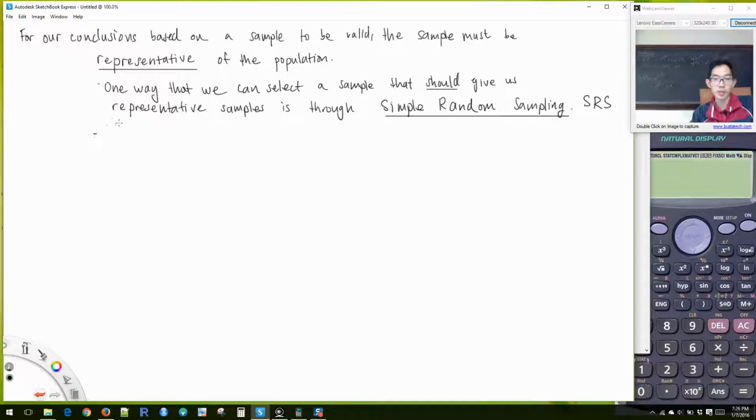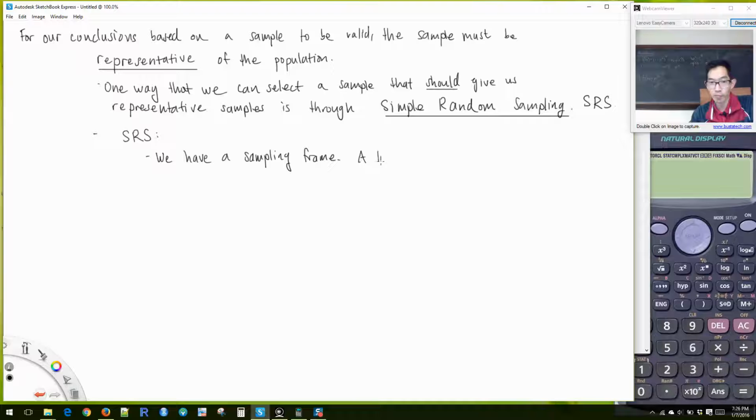The idea behind simple random sampling is, so let me actually, okay, we have a sampling frame. The sampling frame is just a list of individuals that we will sample from.